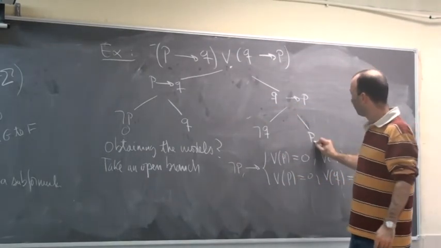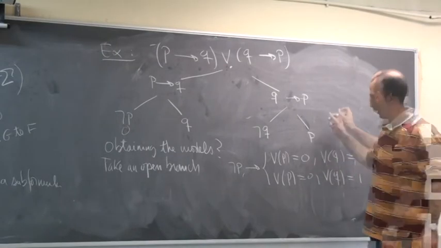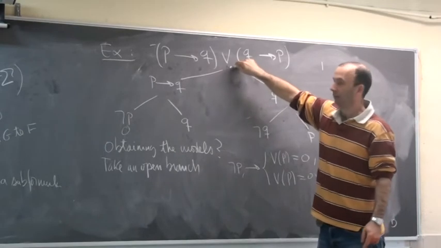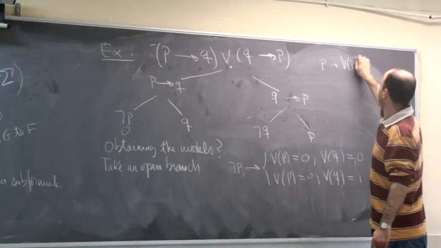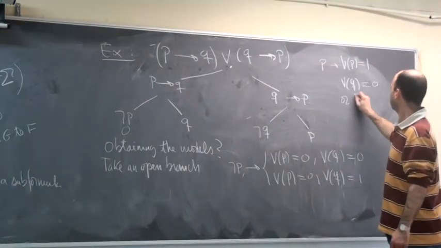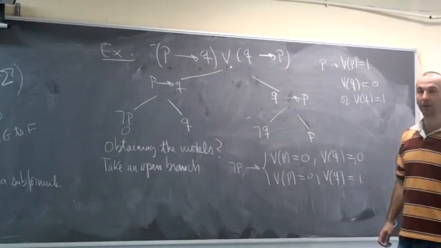If I go from here, the same thing. I'll get P, nothing, only P. So I just found P, which means this is true, and then it is also a model.